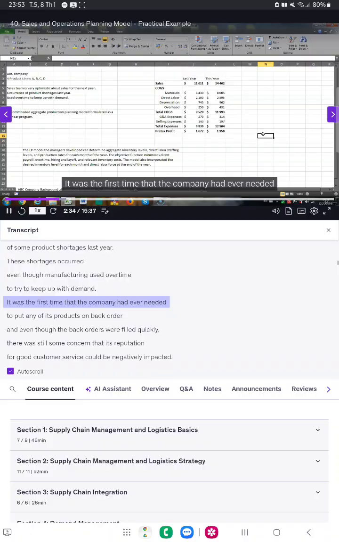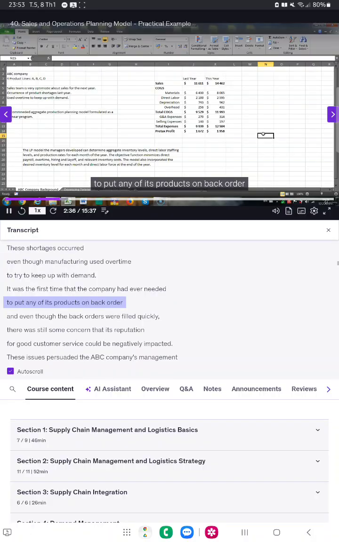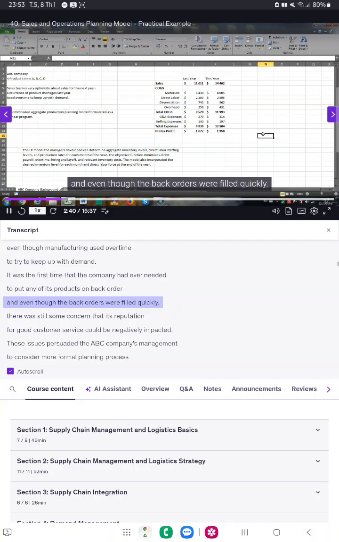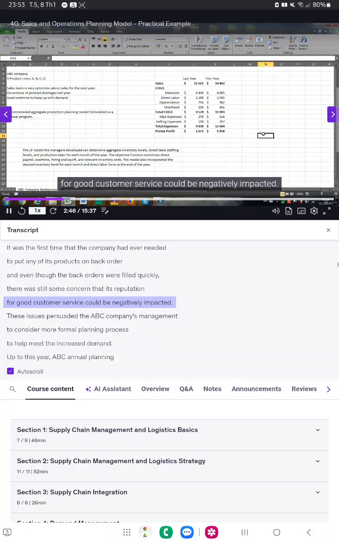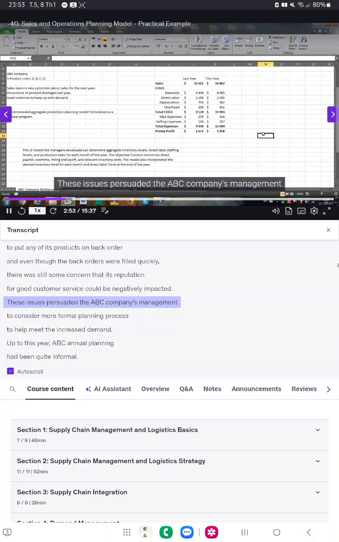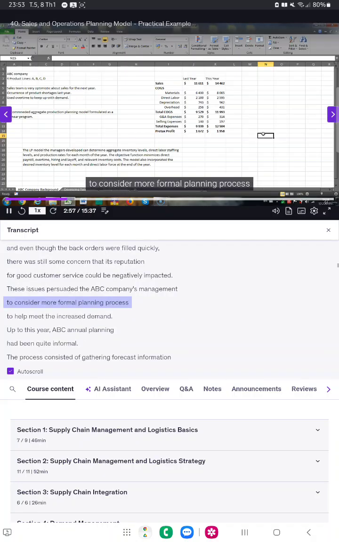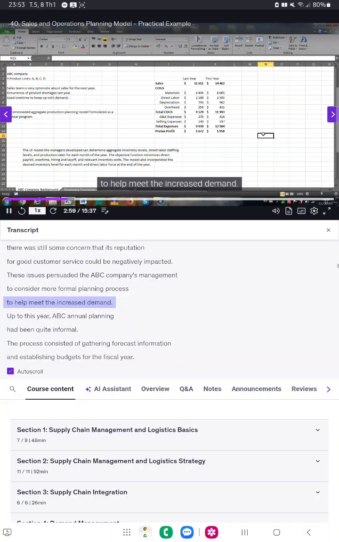It was the first time that the company had ever needed to put any of its products on back order, and even though the back orders were filled quickly, there was still some concern that its reputation for good customer service could be negatively impacted. These issues persuaded the ABC company management to consider a more formal planning process to help meet the increased demand.